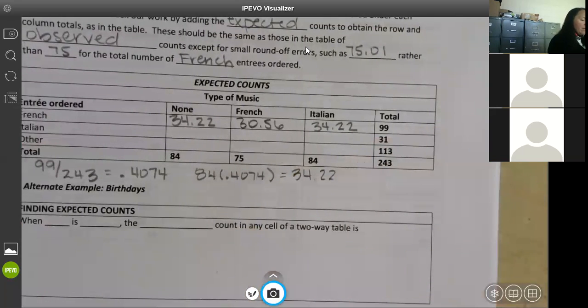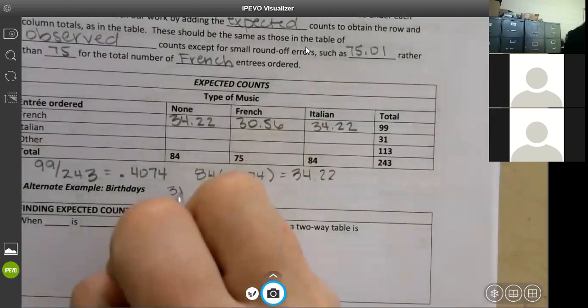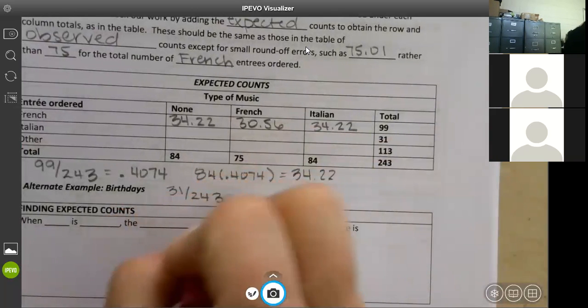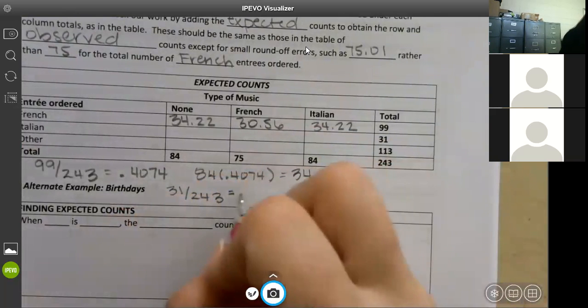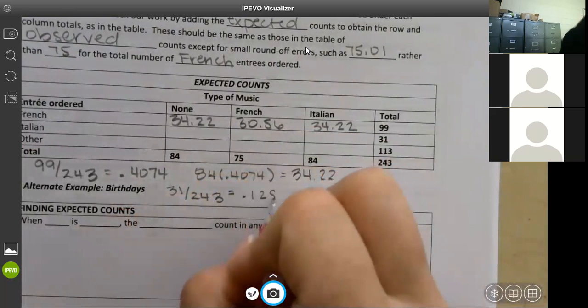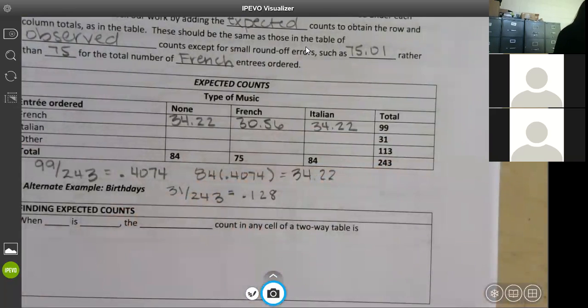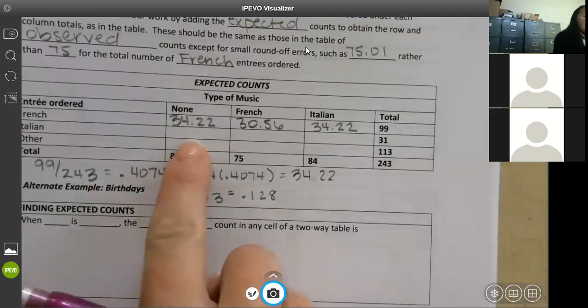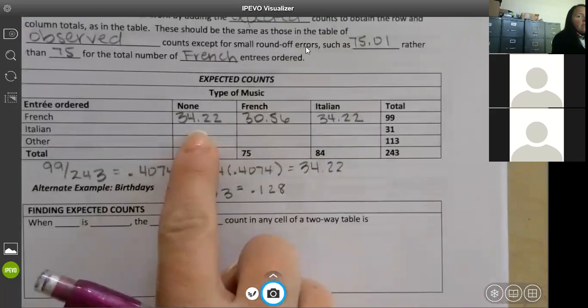So how do we do Italian? Which gives us 0.128. Everybody okay with that? So how do we find this value right here, this Italian with no music?